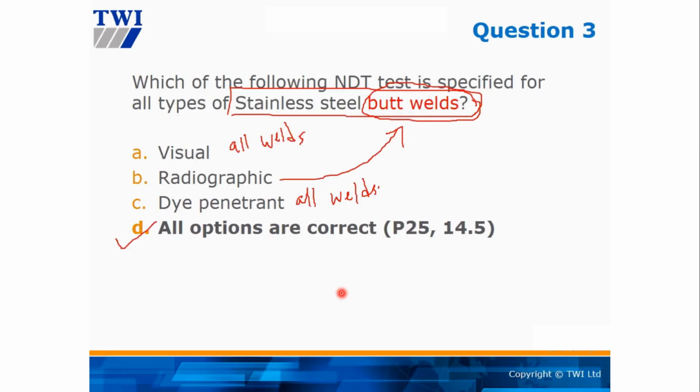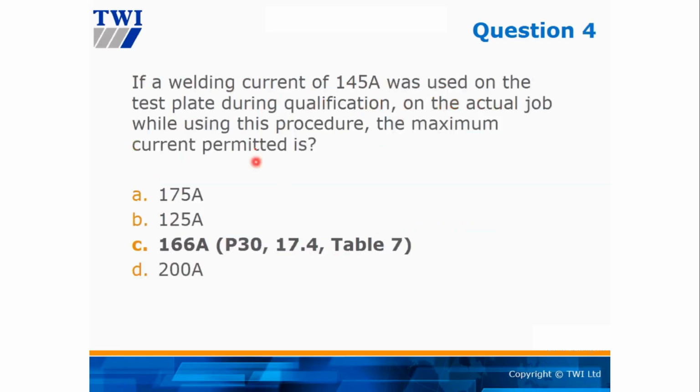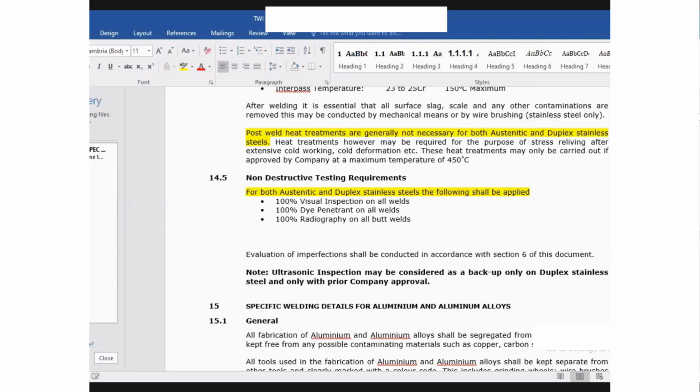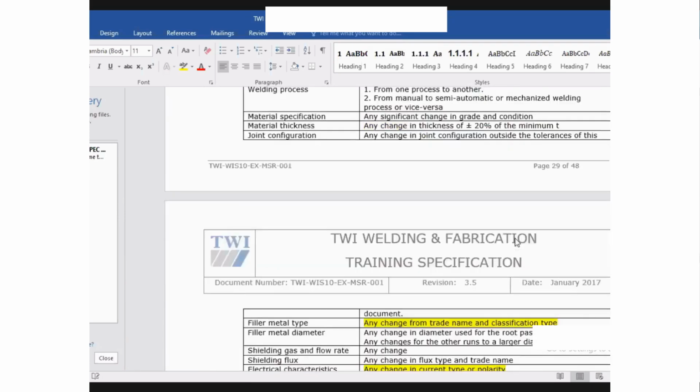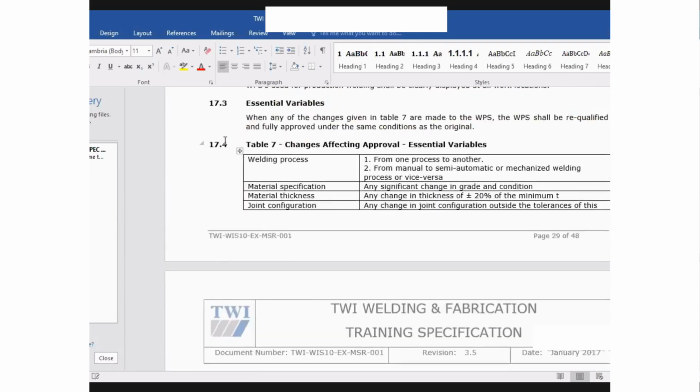All right, look at question number 4. If a welding current of 145 amps was used on the test plate during qualification, on the actual job while using this procedure, the maximum current permitted is, right? Look at page 30, 17.4, table 7.